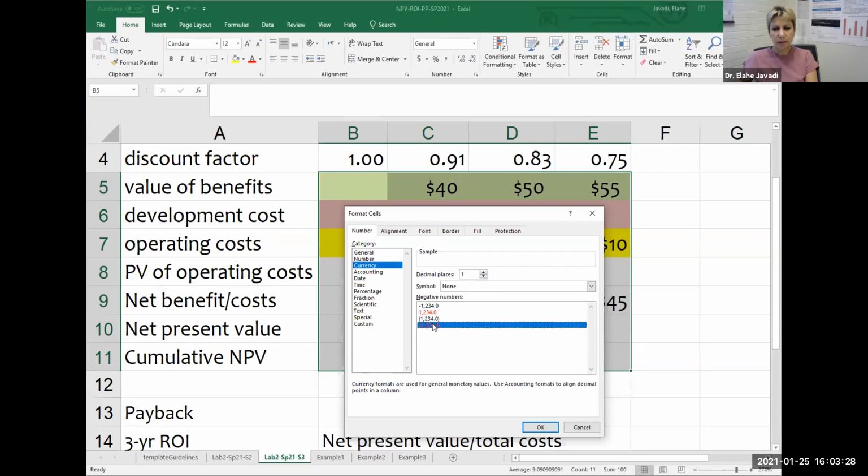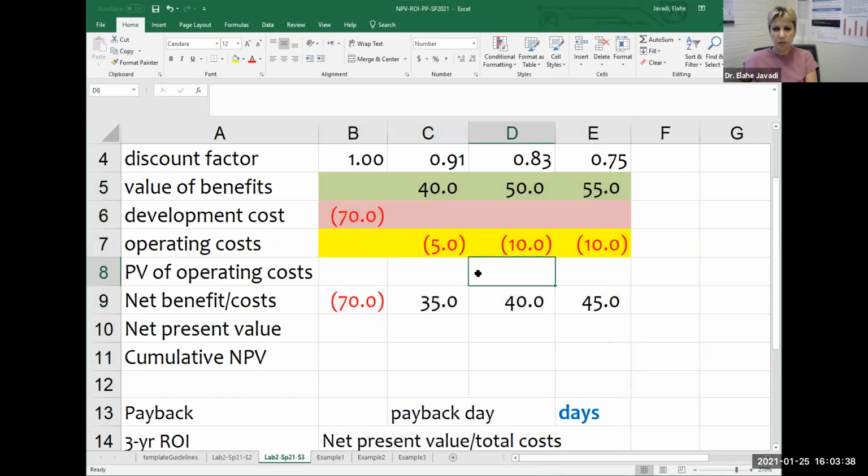It shows the negative numbers in parentheses. It's up to you. I wouldn't make you change the format, but this is something you can do. So negative numbers, this is pretty common in accounting worksheets to show negative numbers this way.